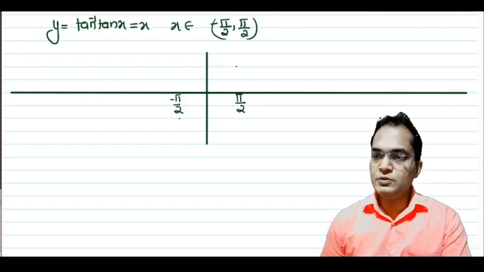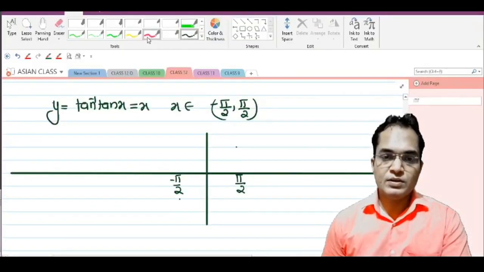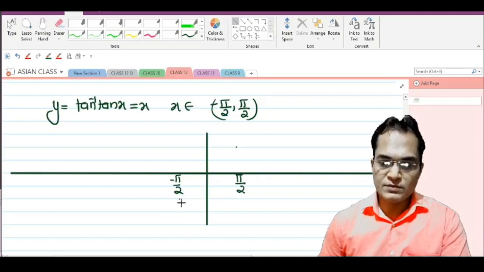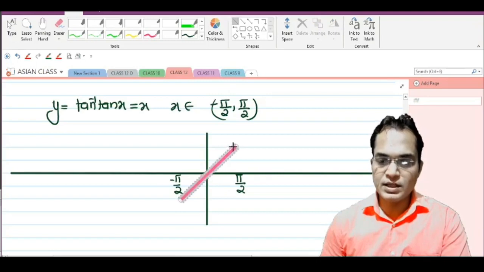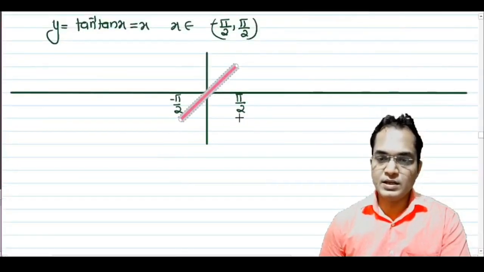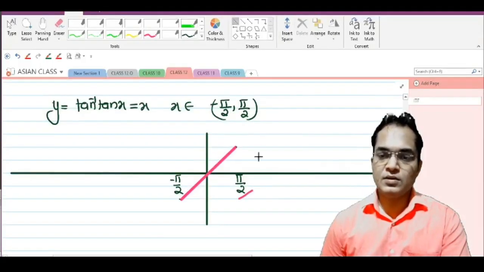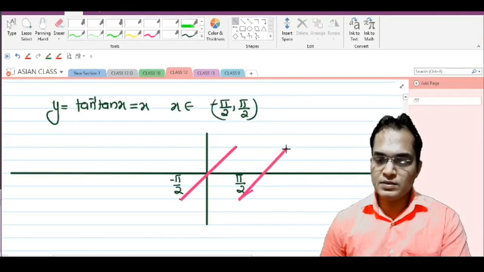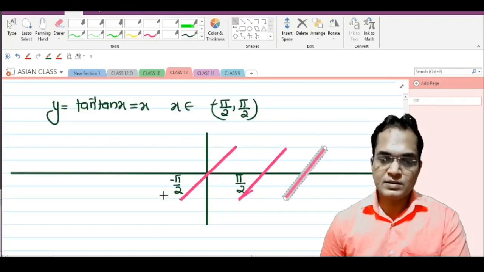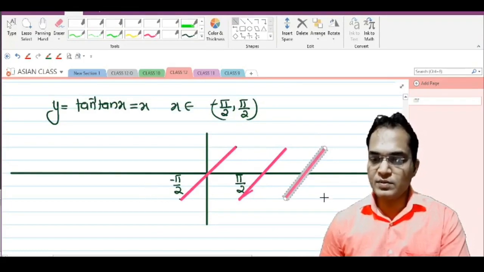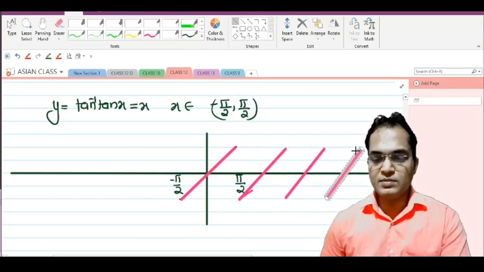Then I want to draw some lines, parallel lines, from here, yes, this line, and again I want to draw another line. These are parallel lines again, and now again these parallel lines. You can realize the lines are parallel.